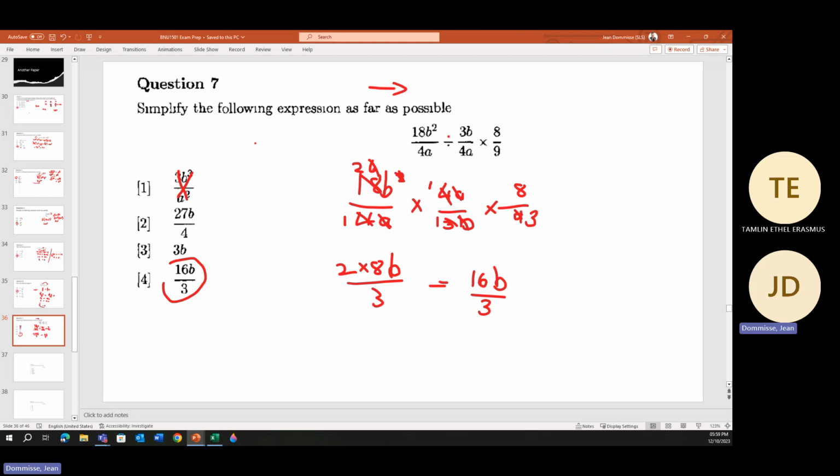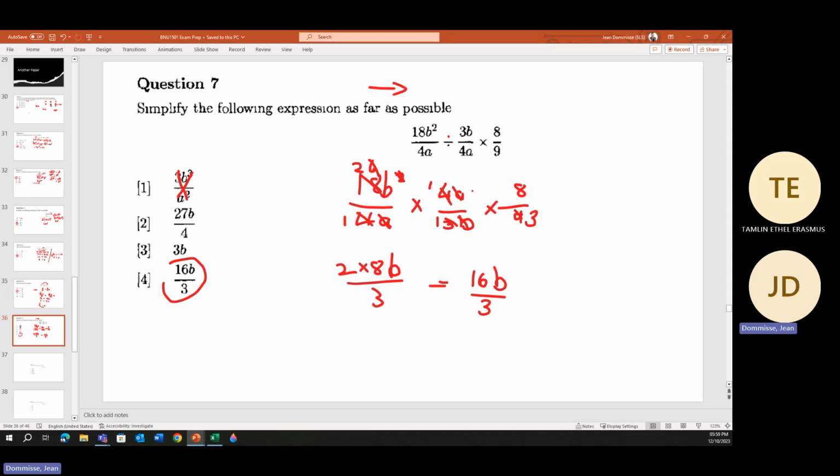But again, what I would do is I will just work from left to right. Don't make it too complicated by doing that first. I'll just work from one side to the other, and see what can be cancelled out. If you want to, you can multiply everything at the top together, everything at the bottom together, and then try to simplify.